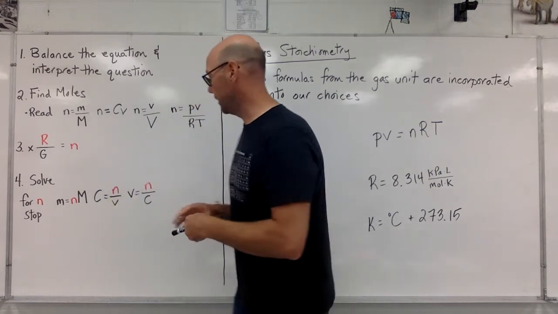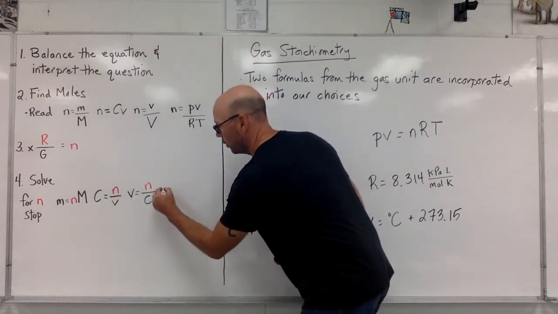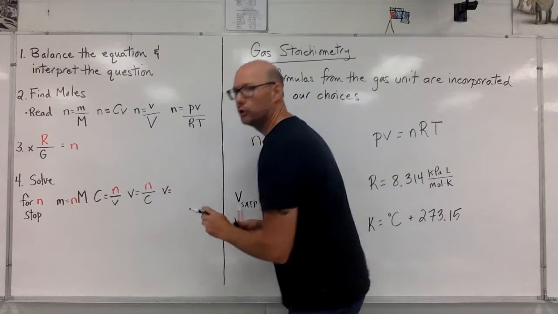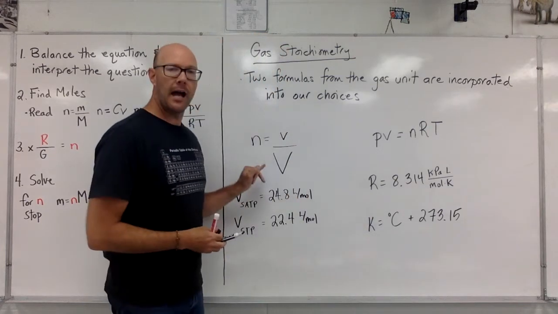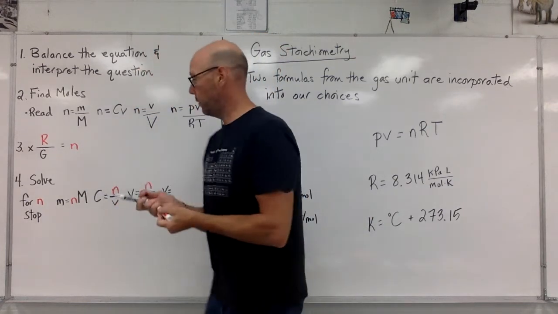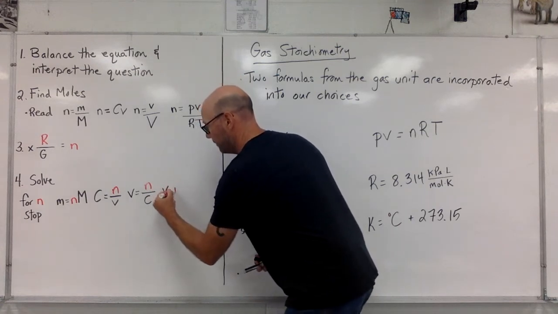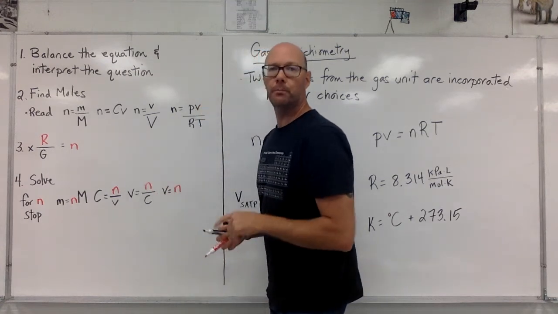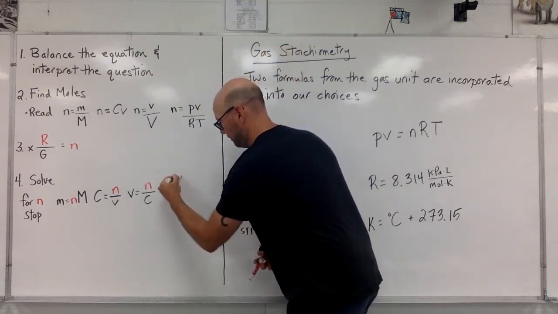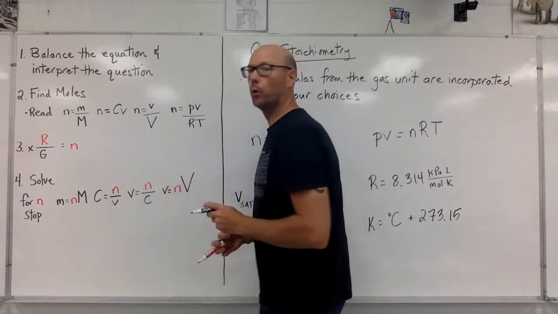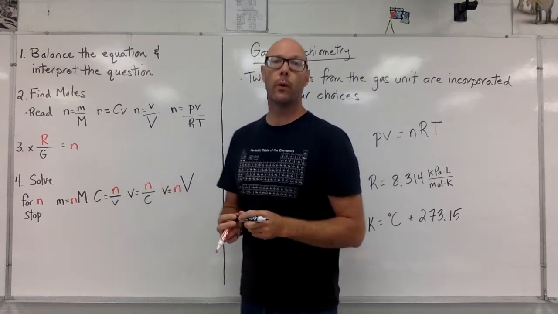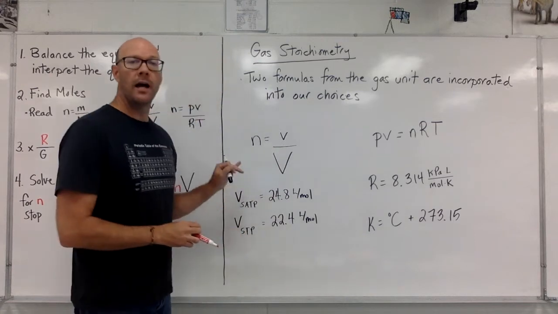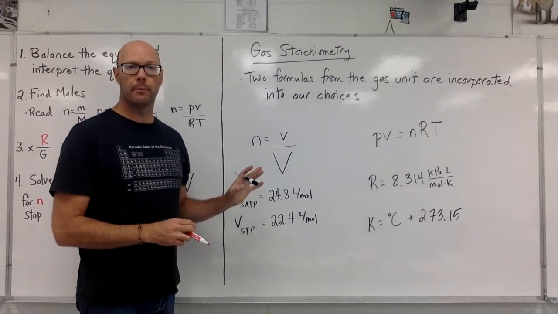We might be finding volume using Avogadro's law. We might be doing what we've called red n multiplied by molar volume. That's the way that Avogadro's law can get incorporated into our 4th step.